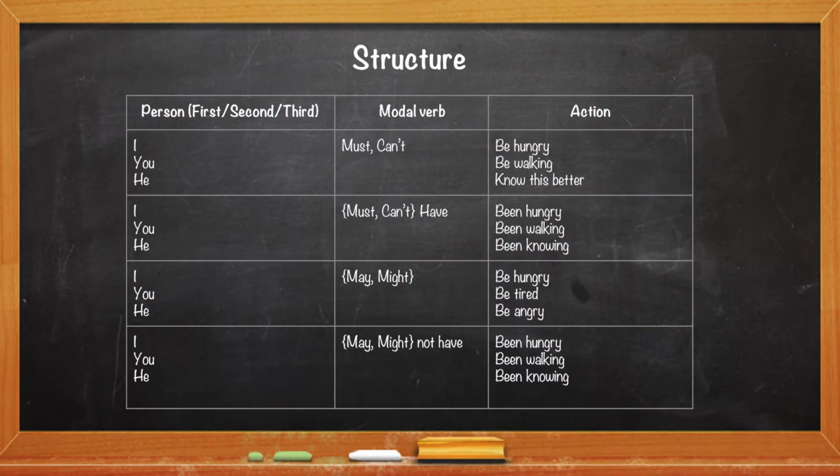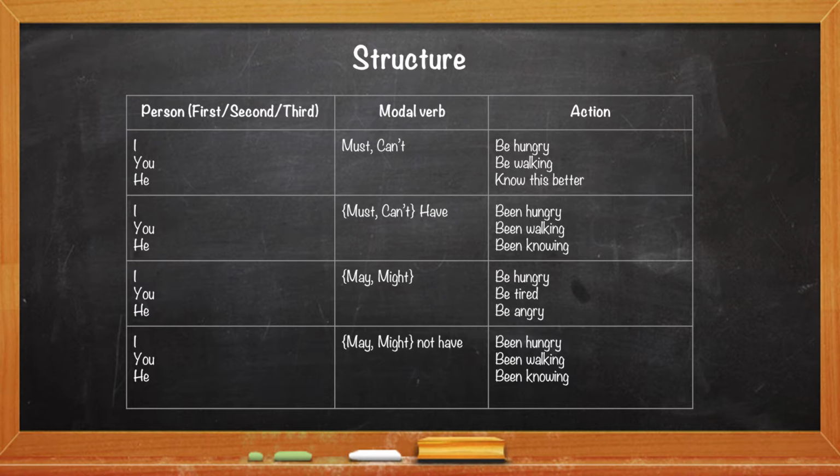Let us look at the structure here and the modal verbs. First person, second person, third person, we have already done this, modal verbs and action. Please look at the table here. You must be hungry. I know this better. You can't be hungry. Second column, I have been walking. You can't say "you can't been hungry" or "he can't been hungry."